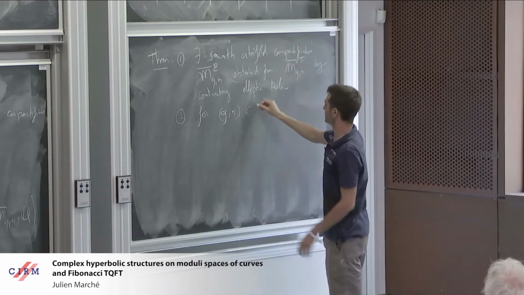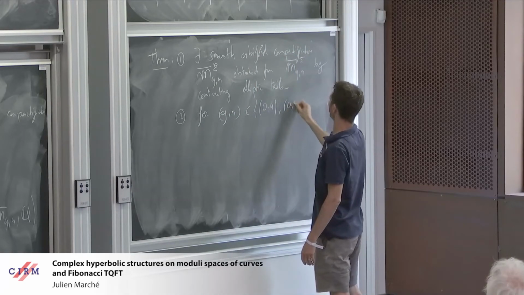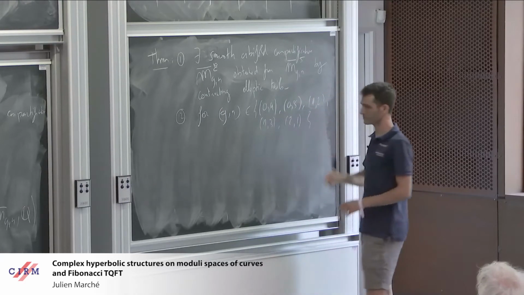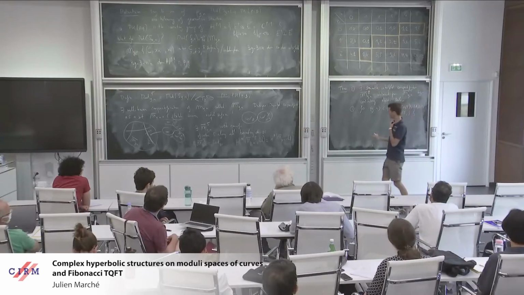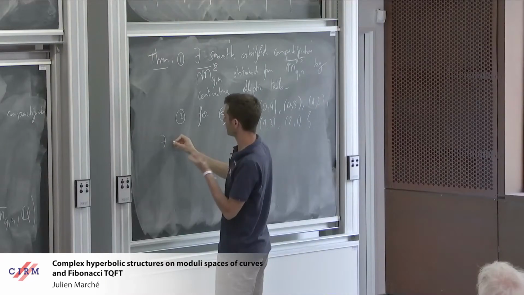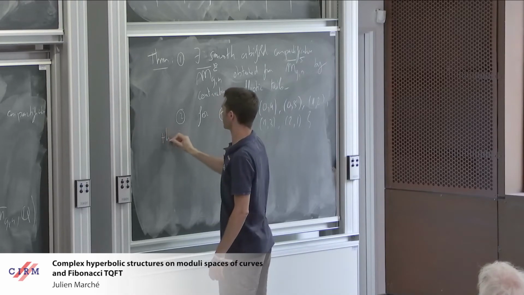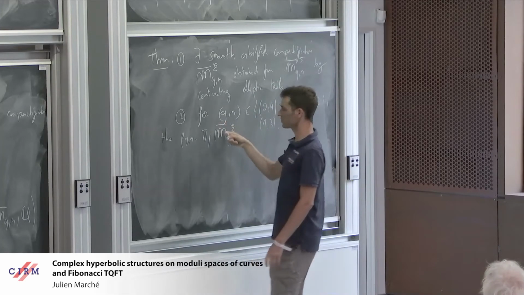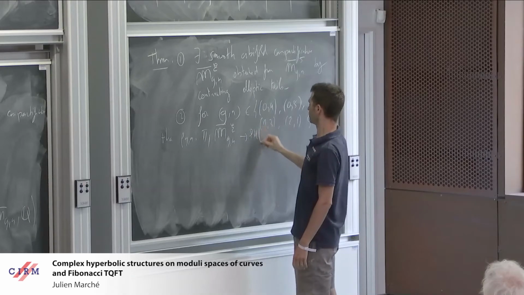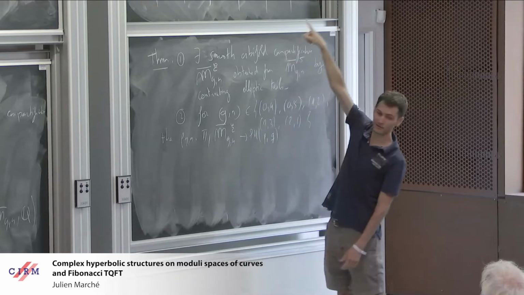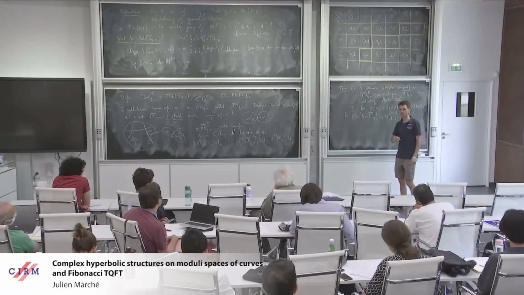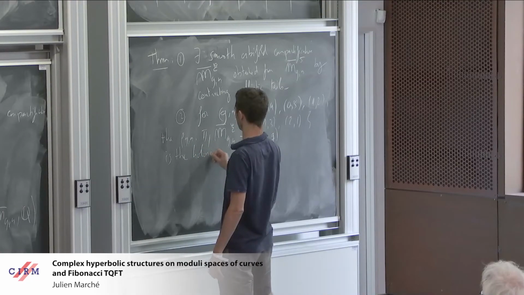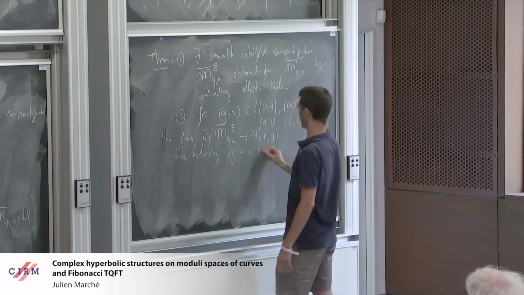And the second one is that for GN in the list which is written here, so 0,4, 0,5, 1,2, 1,3, and 2,1, all the cases which are written here, there exists the representation rho GN, from pi 1 of MGN E into PU(P,Q), where P and Q are exactly like in the table, which is the holonomy of a complex hyperbolic structure on this space.